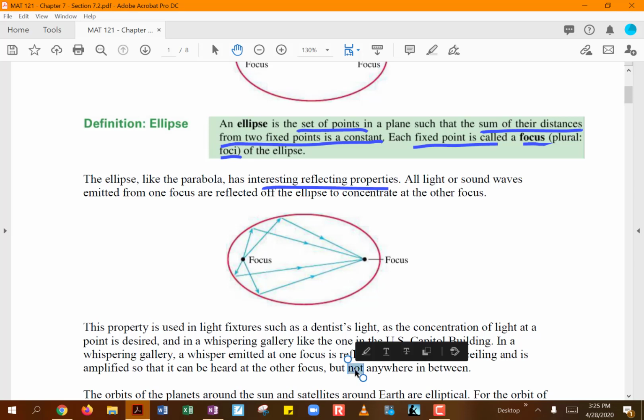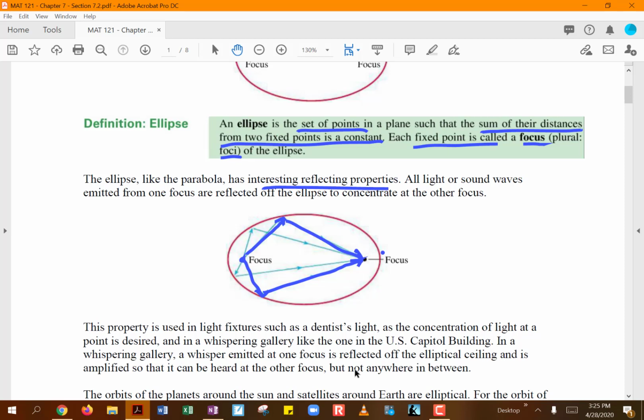So on the left focus, you have your light or sound source, it's going to bounce off the side of the ellipse and come back and concentrate towards the other focus.